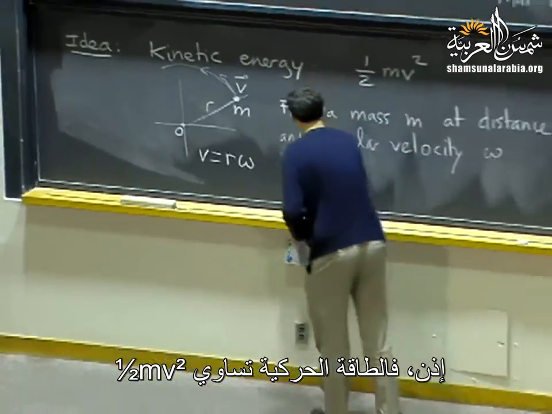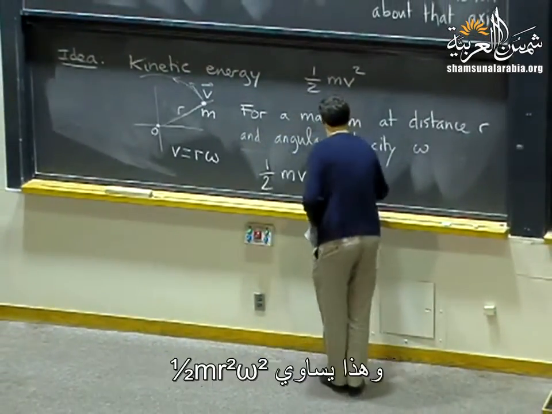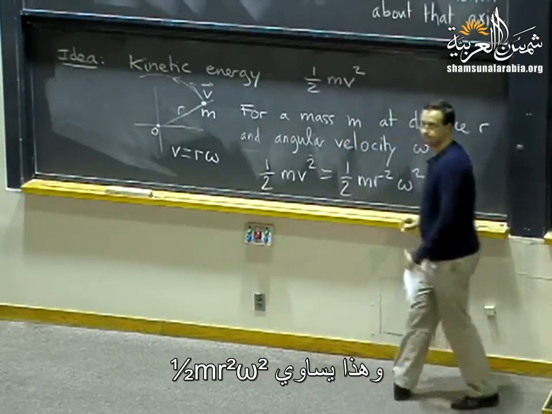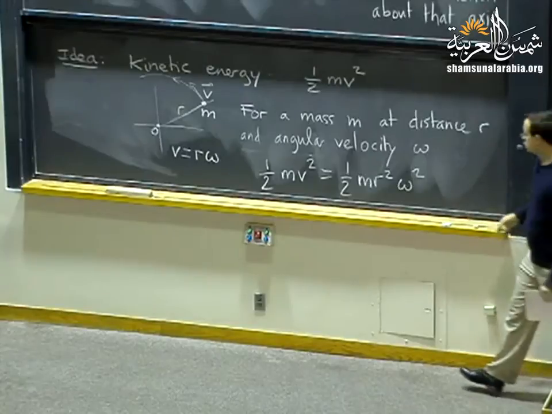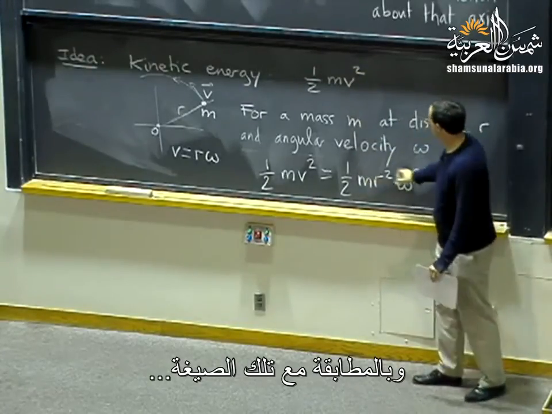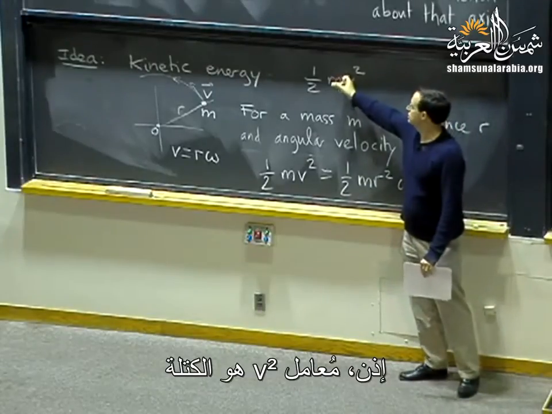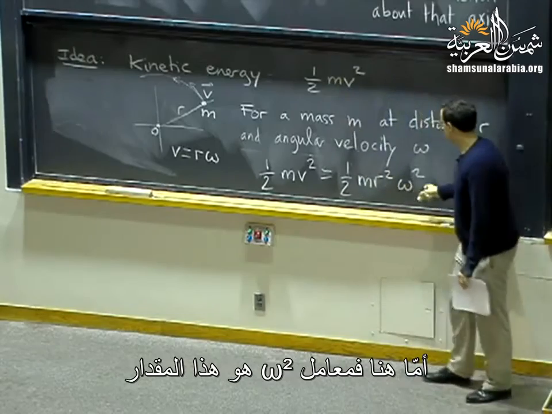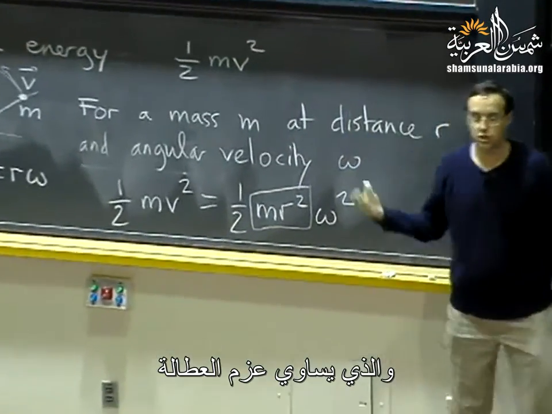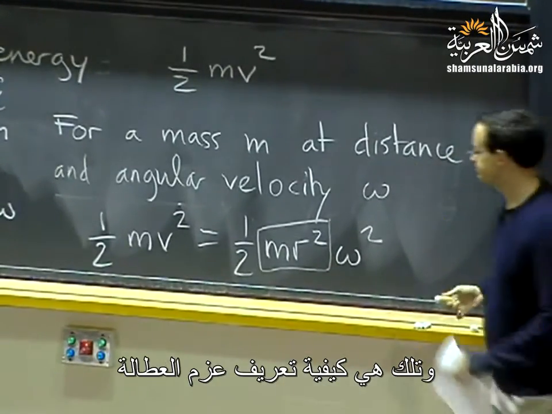And so the kinetic energy is 1/2 m v squared, which is 1/2 m r squared omega squared. By similarity with that formula, here the coefficient of v squared is the mass, and here the coefficient of omega squared, m r squared, is the moment of inertia. That's how we define the moment of inertia.